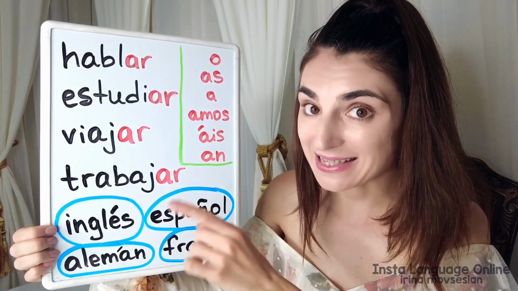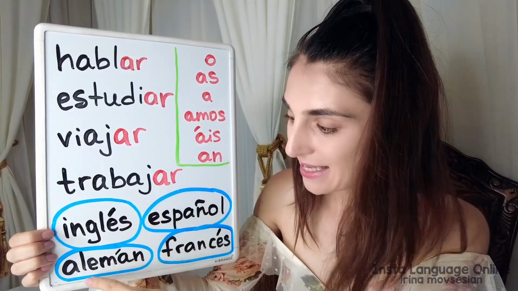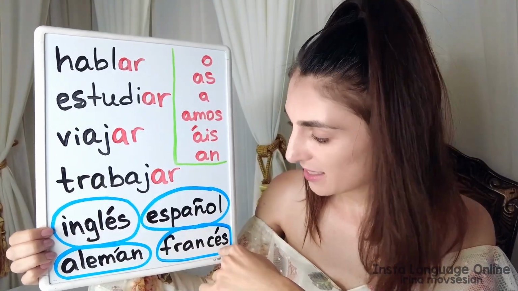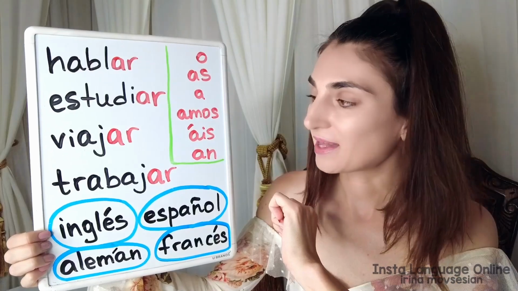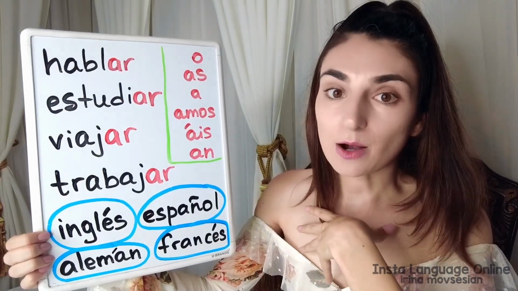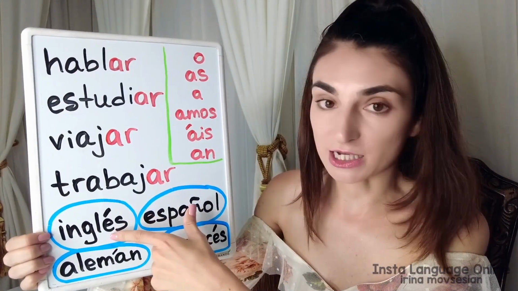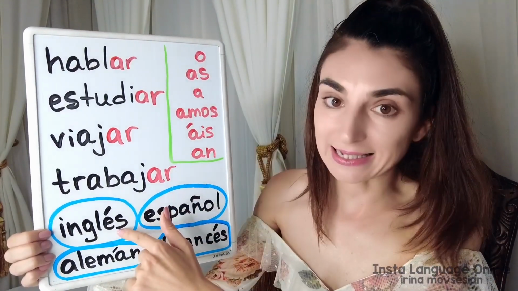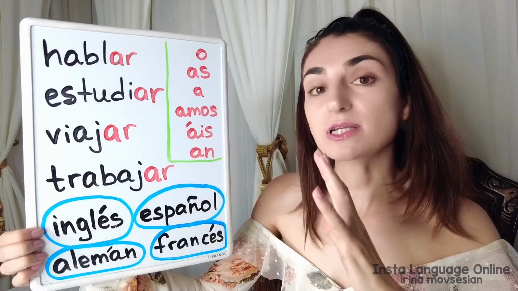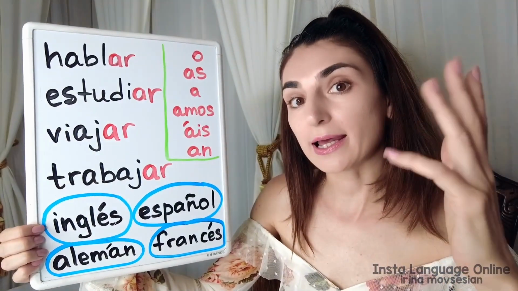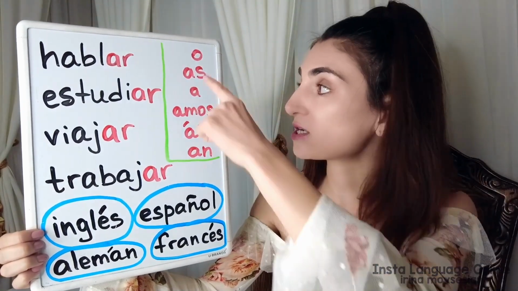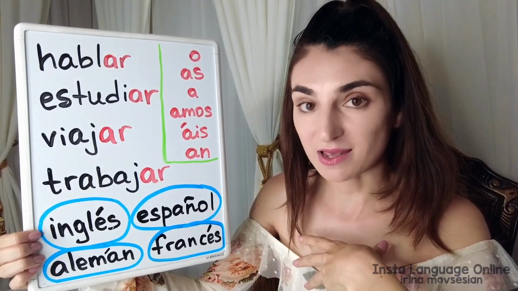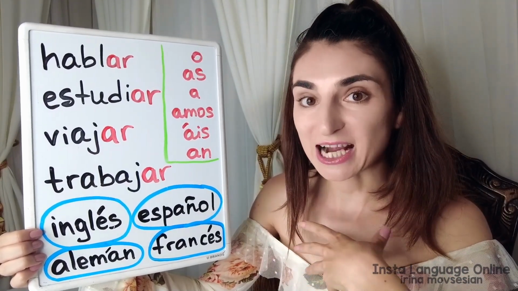You have to stress that syllable. Inglés, alemán, francés. Okay? Very good. Okay, let's say I want to say I speak English. Hablo inglés. Again, I don't have to use yo, tú, él, ella, nosotros, vosotros, ellos because the ending shows me who is doing the action.